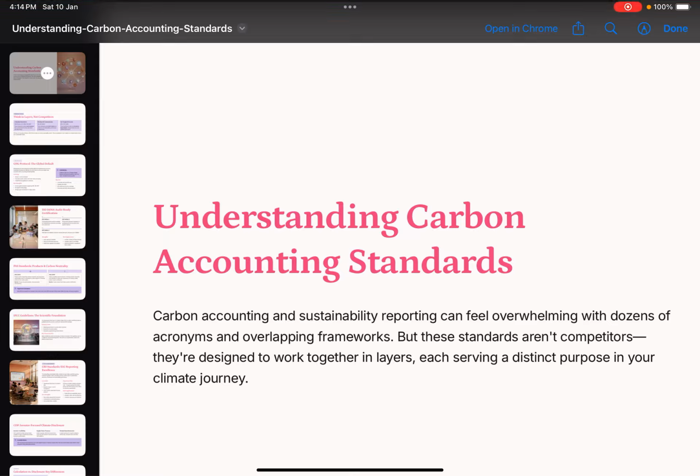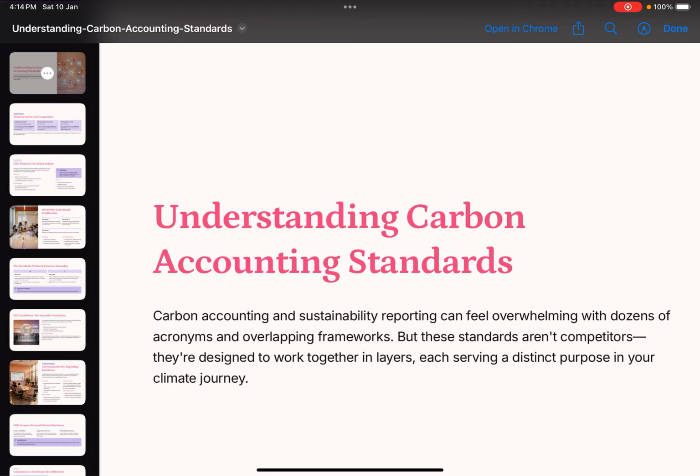They are designed to work together in layers. If you understand their role and in-depth treatment of each, we might be able to work on carbon accounting properly in the companies.